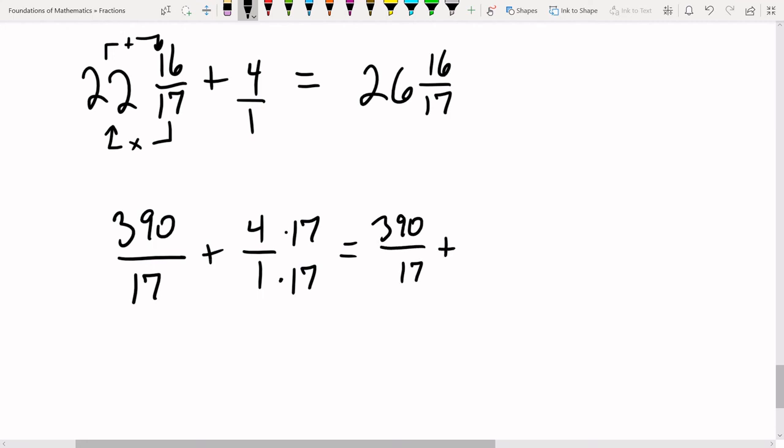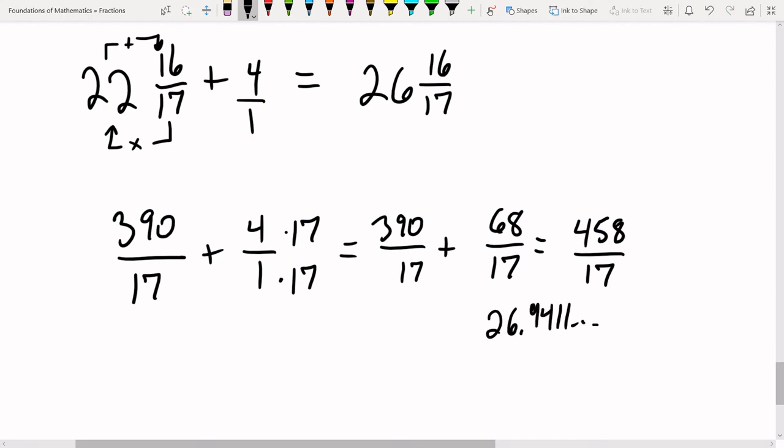4 times 17 is 68. Now we can add those numerators. 458/17. And of course we can change back to a mixed number. 17 can go into 458 how many times? I got 26.9411, and then it continues on.